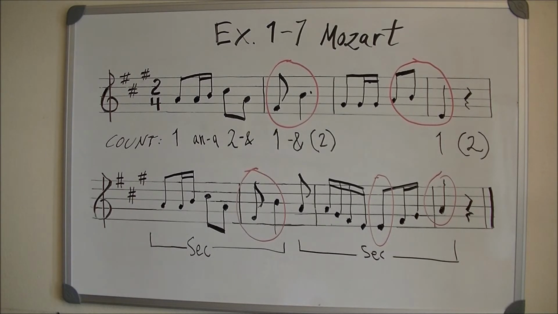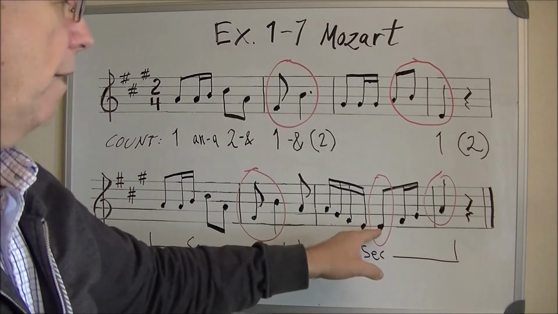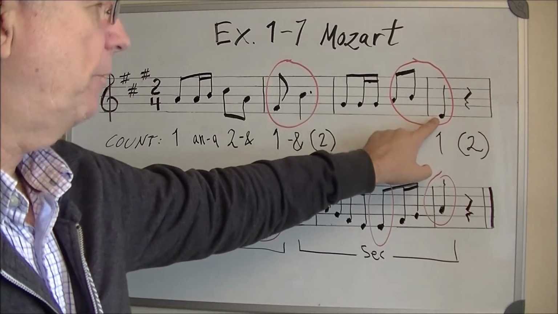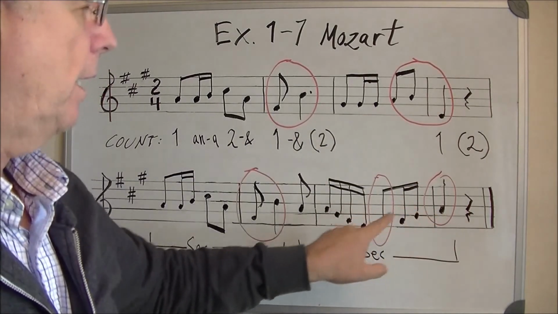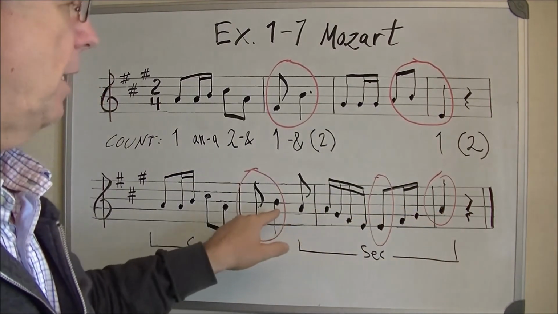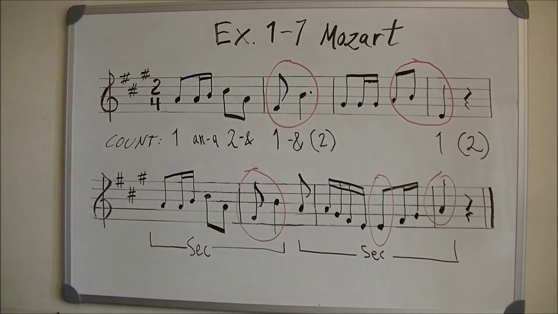playful and comical. And here we have the anticipated leap from the fifth up to the tonic, but it's smoothed out by scale steps, which gives it a rather suave sound.